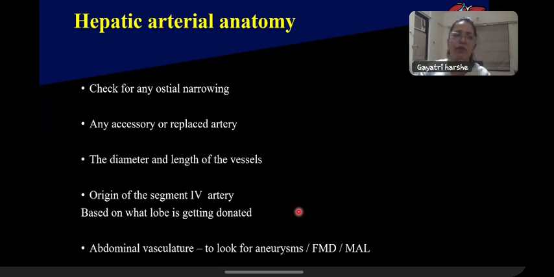Hepatic arterial anatomy, what we need to see in these cases is to check for any ostial narrowing, any accessory or replaced arteries, then the diameter and length of the vessels, and the origin of the segment 4 artery, which is very important based on which lobe they are donating, or even for HPB surgeries, whether there is any crossover. Abdominal vasculature, that is to look for any aneurysm, fibromuscular dysplasias, or MALs.